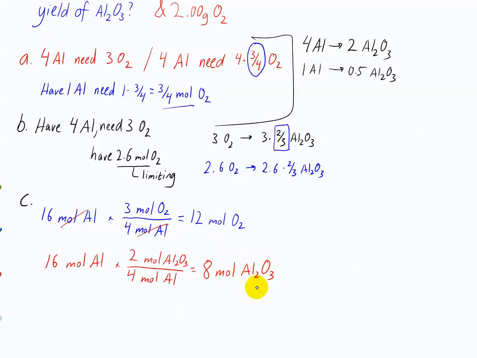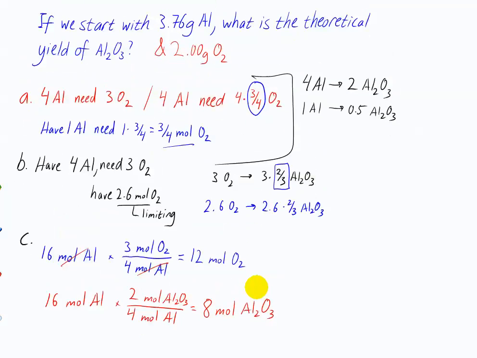So the theoretical yield is the exact same procedure, just using one of the products instead of the reactant. And the only trick there is you have to make sure to use the limiting reactant, or you're going to come up with too big of a theoretical yield. If you use the one that you have extra of, you're going to end up with too big of a theoretical yield.